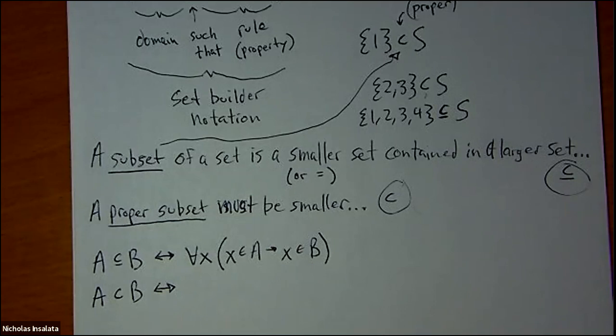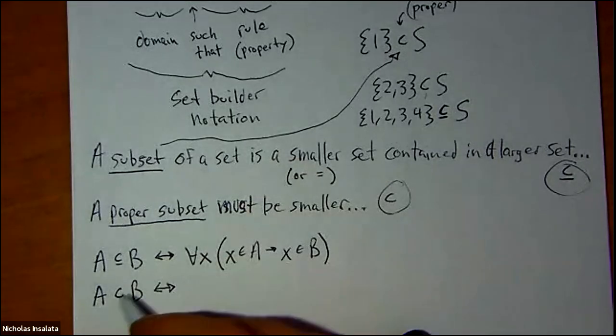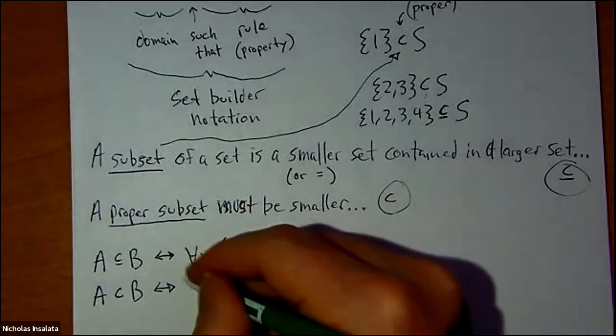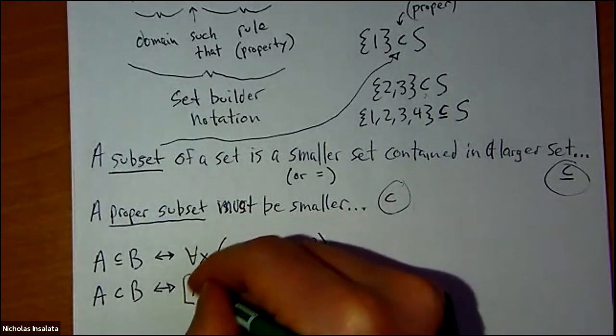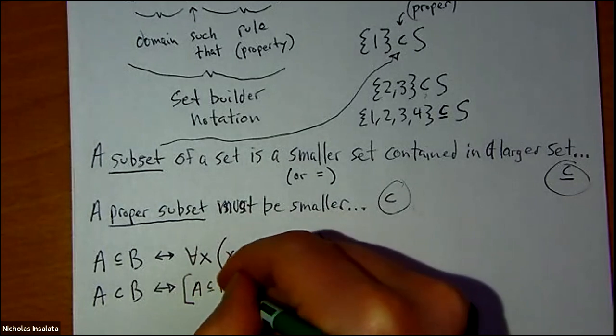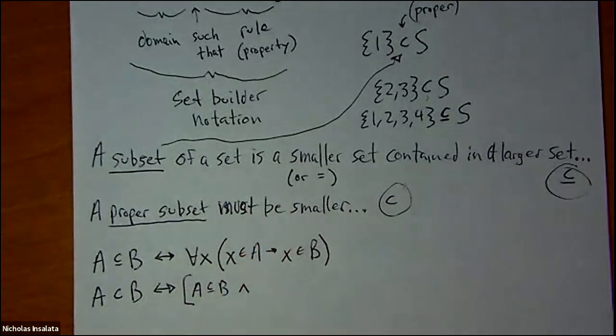Okay, the first rule is subset and has fewer elements. So A is a proper subset of B if and only if A is a subset of B and it has fewer elements.